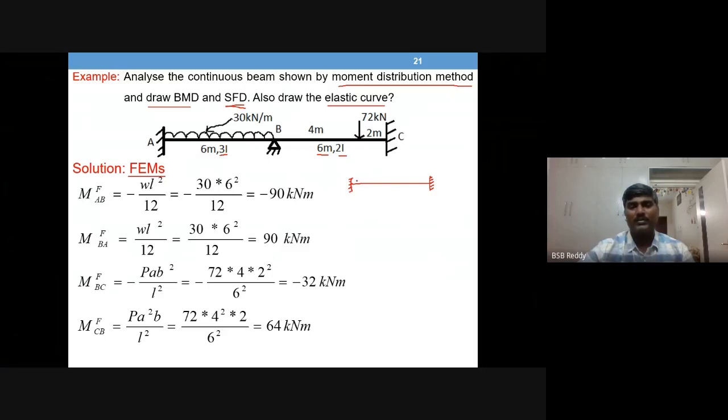AB is fixed, with a UDL of 30 kilonewton per meter over the 6 meter span.